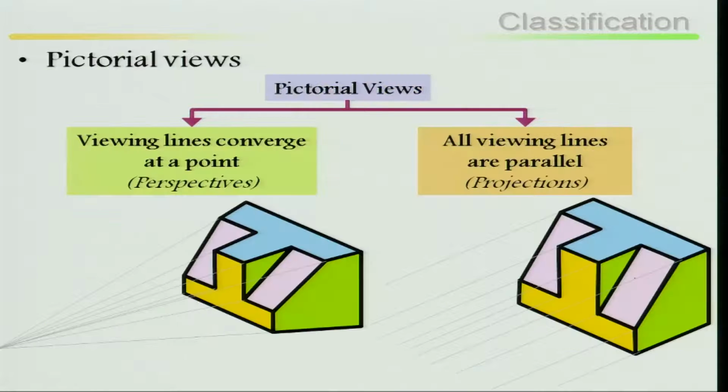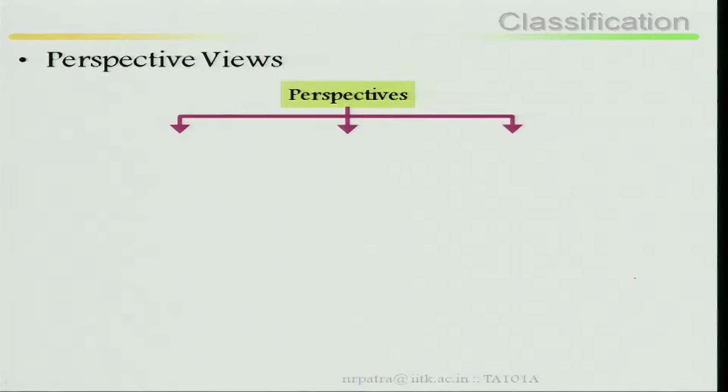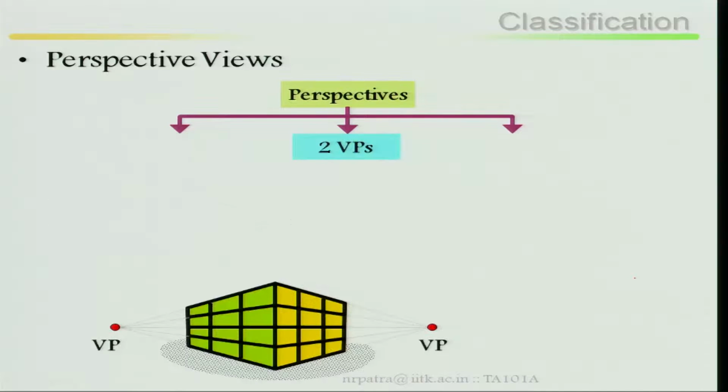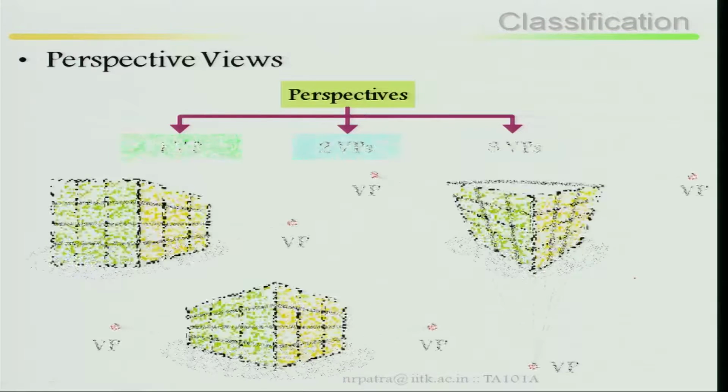If I repeat it again, pictorial view is classified into two. One is viewing lines converging at a point, that point is called the vanishing point, and that pictorial view is called perspective views. The other part is where all viewing lines are parallel, that is called projections. Perspective views are again classified into one vanishing point, two vanishing points and three vanishing points.